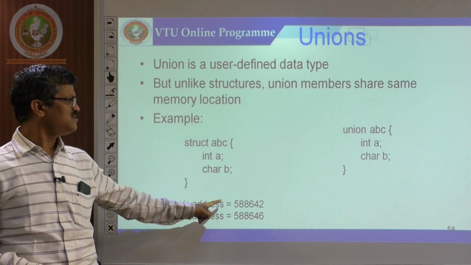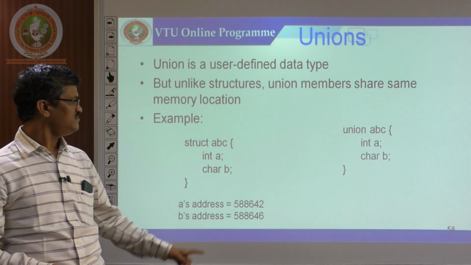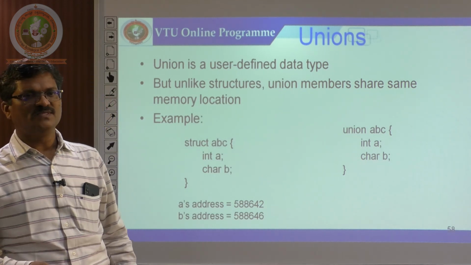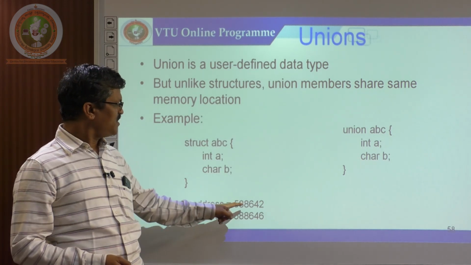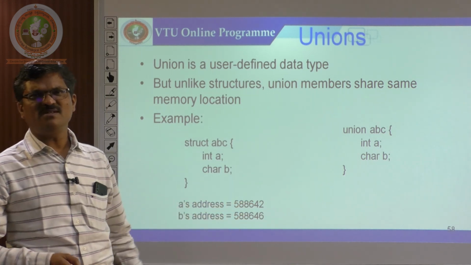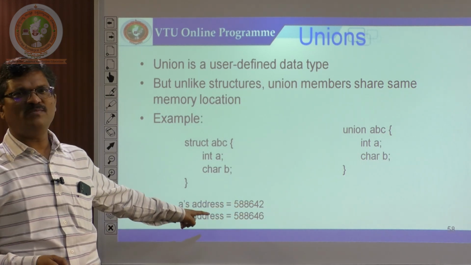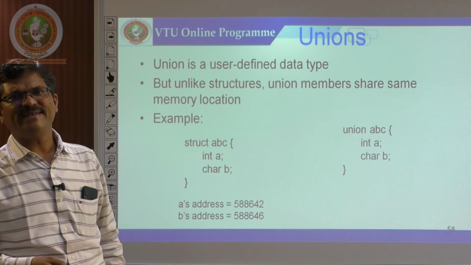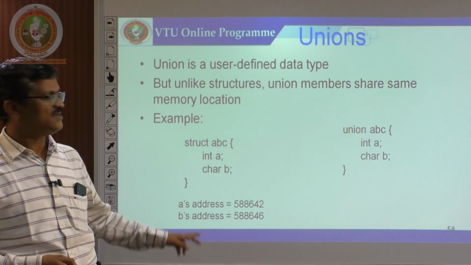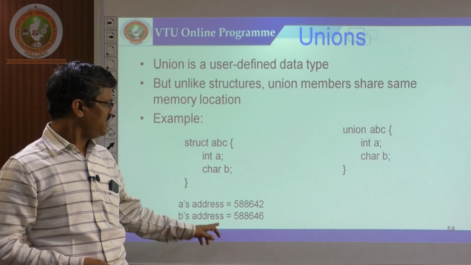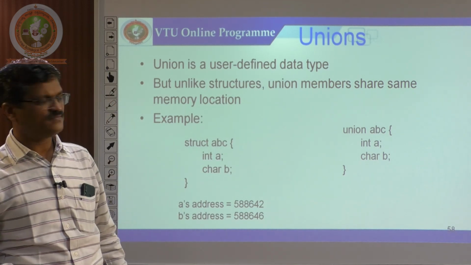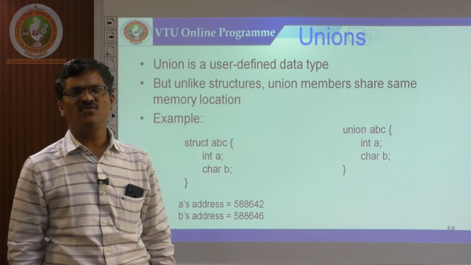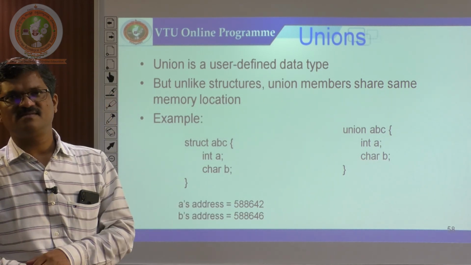A's address might be 588.642. We know that A is an integer, and hence B will be pointing after 4 bytes, because A takes 4 bytes and B takes 1 byte. So B's address is 588.646, a 4 byte difference.